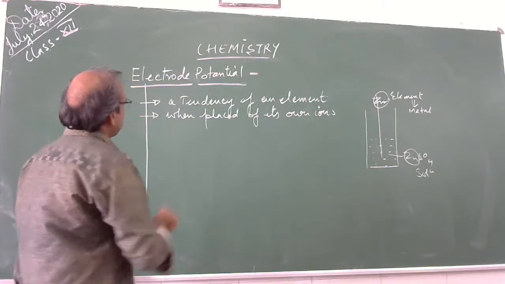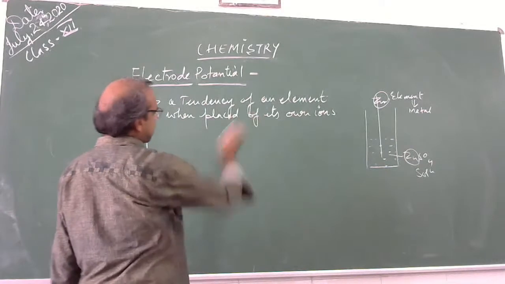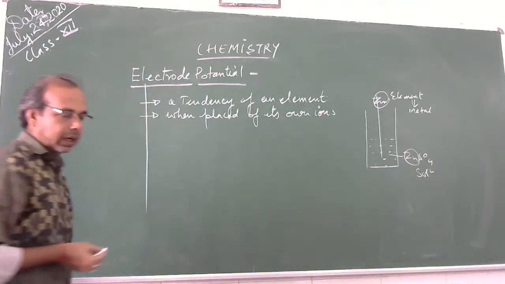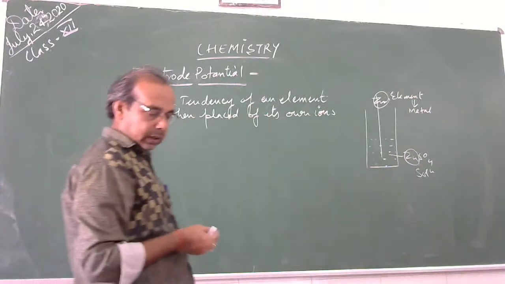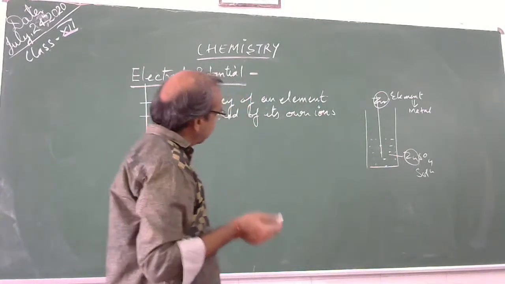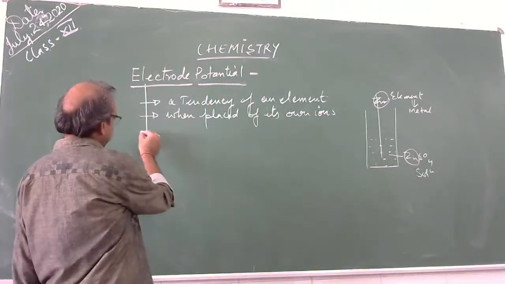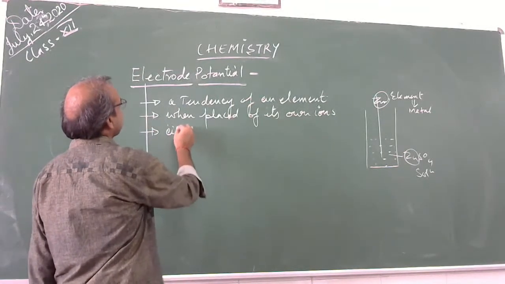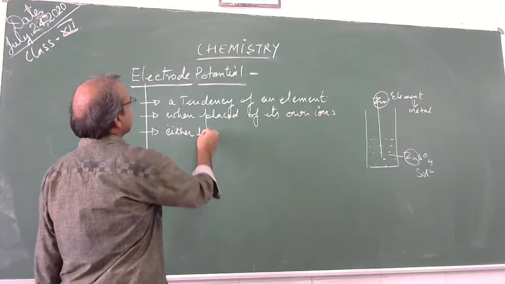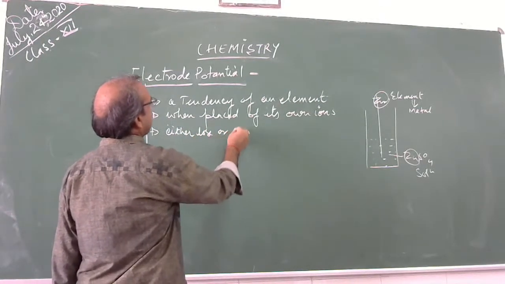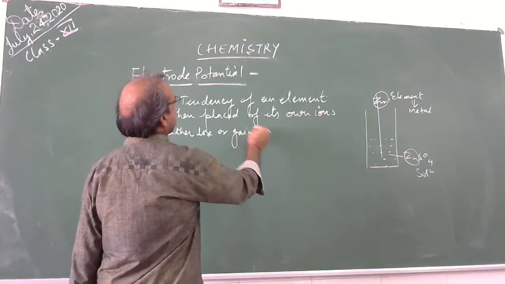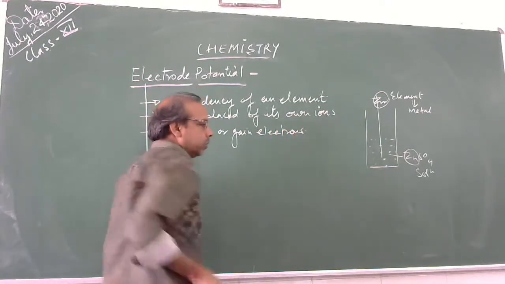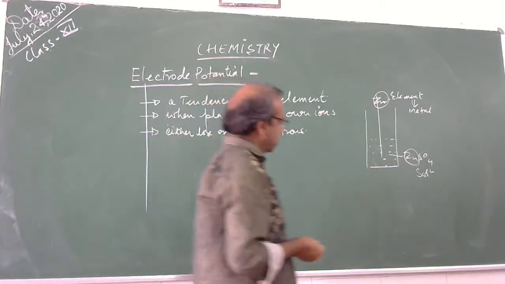So electrode potential is a tendency of an element when placed in its own ions, and then what happens there, we will write, it either loses or gains electrons.